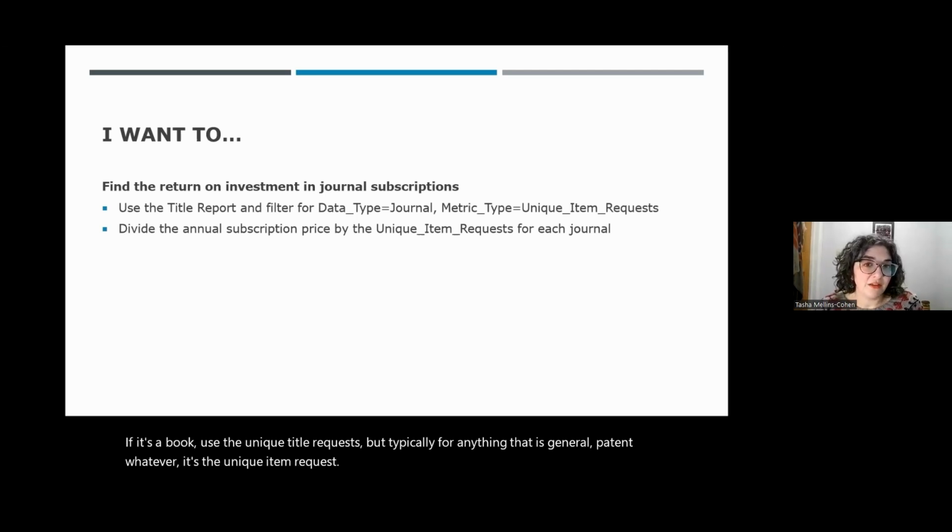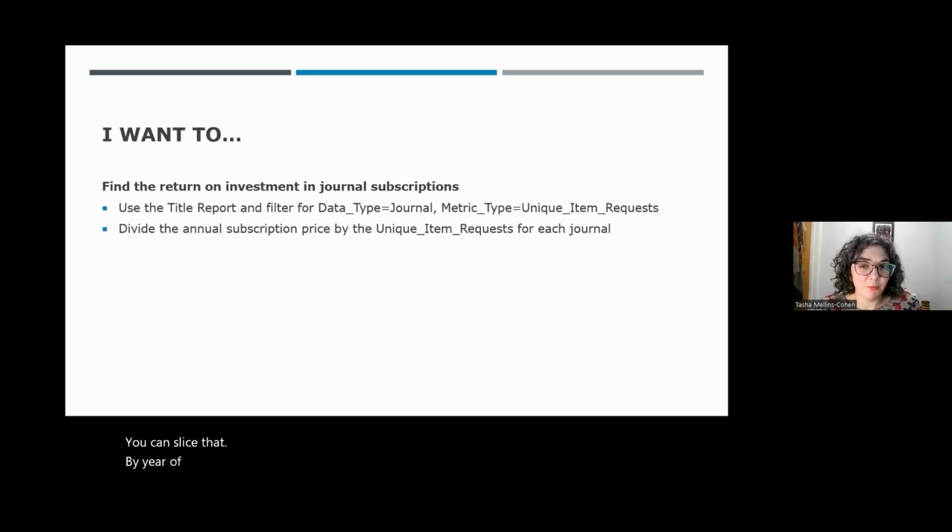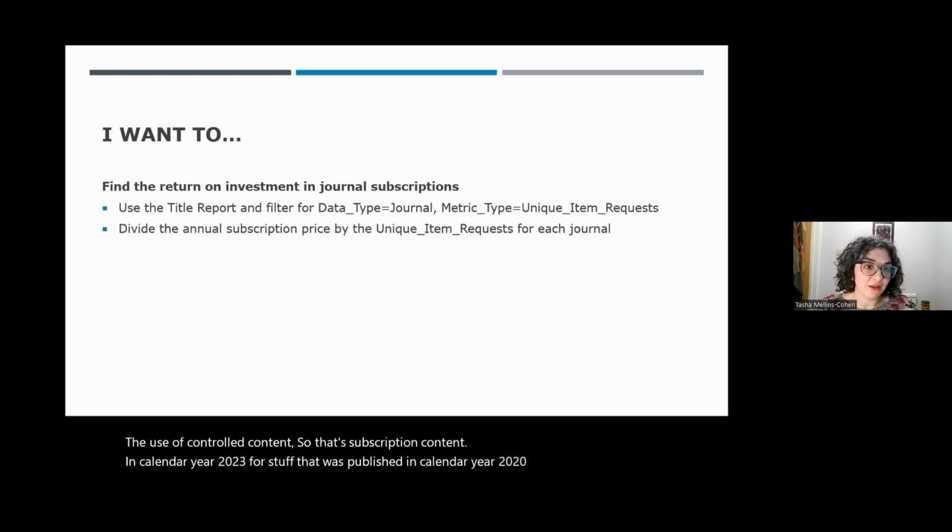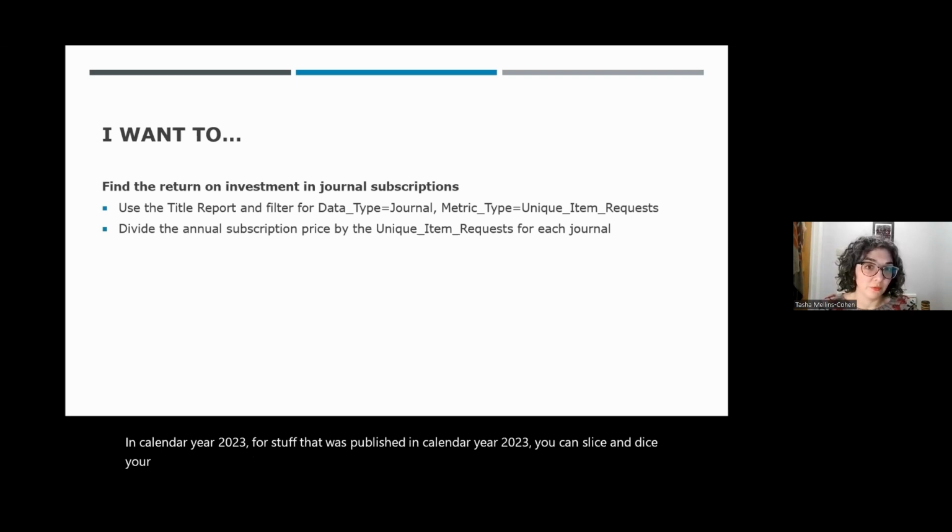You can slice that by year of publication and by month of usage and by access model. So if you are only interested in looking at the use of controlled content, so that's subscription content, in calendar year 2023 for stuff that was published in calendar year 2023, you can slice and dice your title report to show you that information.